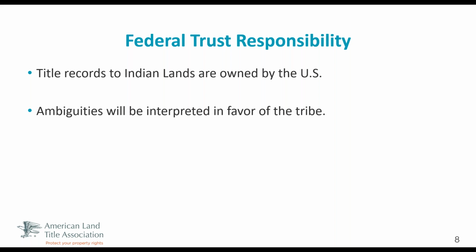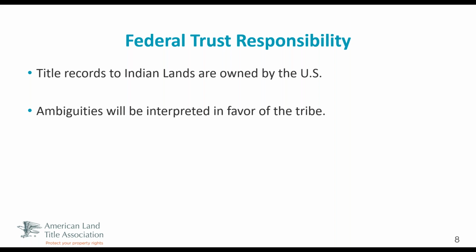I'm talking about land that is held by the federal government in trust, so legal title in trust for the benefit of tribes or individual Native Americans. So the full basket of rights is bifurcated into legal title or beneficial title. And those records are owned and maintained by the United States.